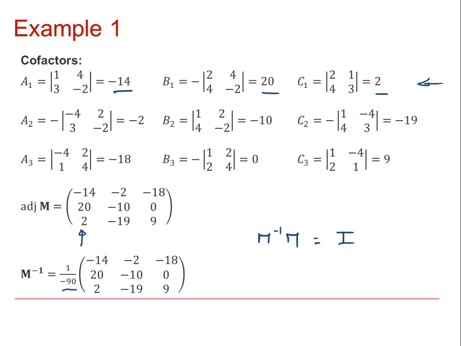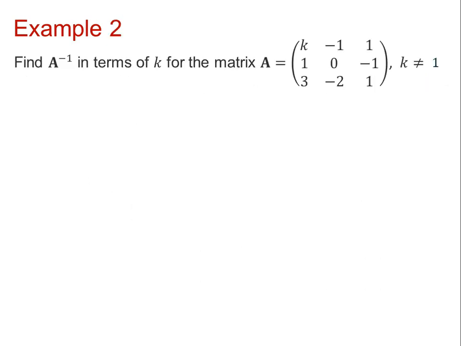Sometimes, however, we have questions which are not numerical, so they're algebraic in nature. Here's one where we've got a value of k put into the matrix, so it's impossible to do this on a calculator. However, we can still calculate the inverse in exactly the same way. The first thing we want to do is to work out the determinant of A. Spotting that there's a 0 in the second row, we could use that row to expand by.